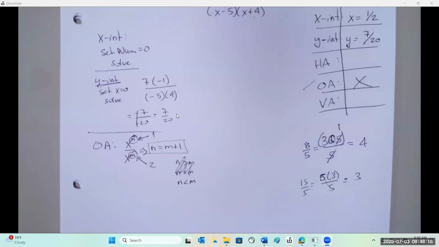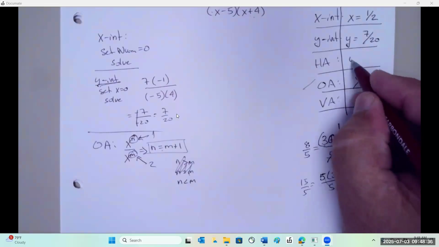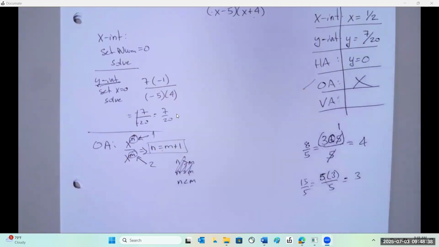Look at your notes. What is your horizontal asymptote when the top is smaller than the bottom? It's 0. It's the x-axis.